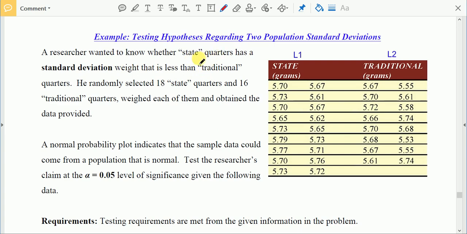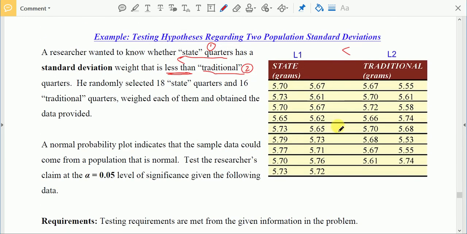So the state quarter here is the first population, and we are comparing that to the traditional quarter, or the second population. And the key word here is less than. So we want a standard deviation that is less than, so sigma 1 is less than sigma 2.